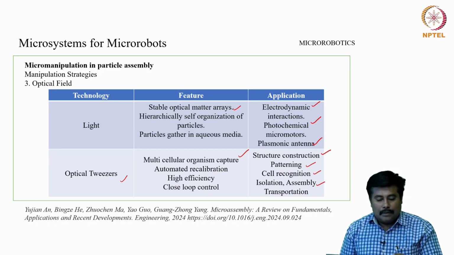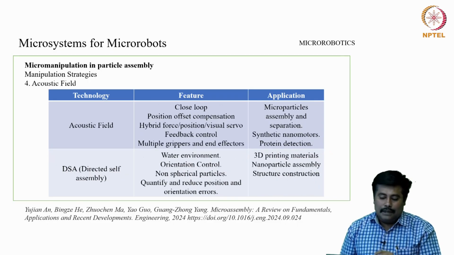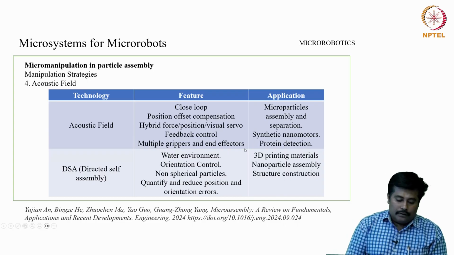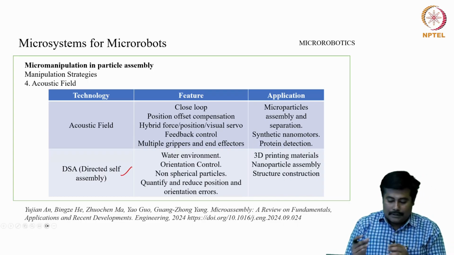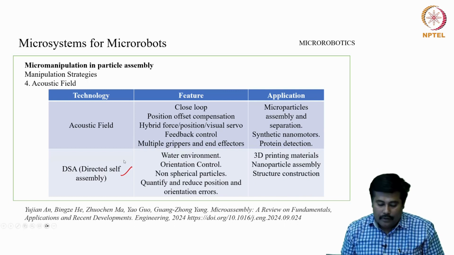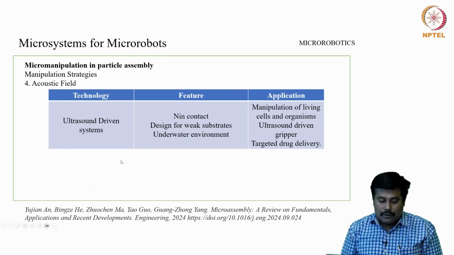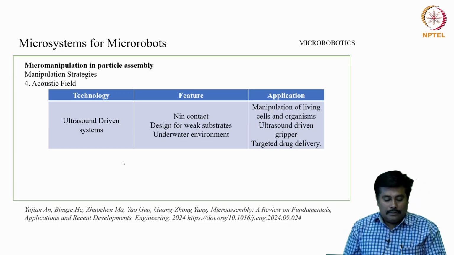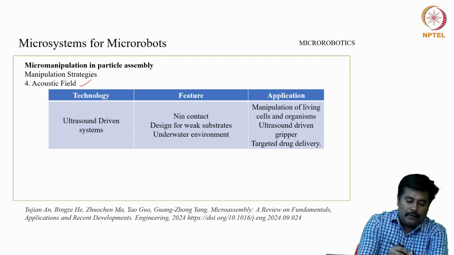With reference to this application field, we discussed the different features employed and the different characteristics, the acoustic field, and the concept called direct self assembly, which is more meant for non-spherical particles with suitable application. And then there is an ultrasound driven system, which is basically a kind of acoustic field.